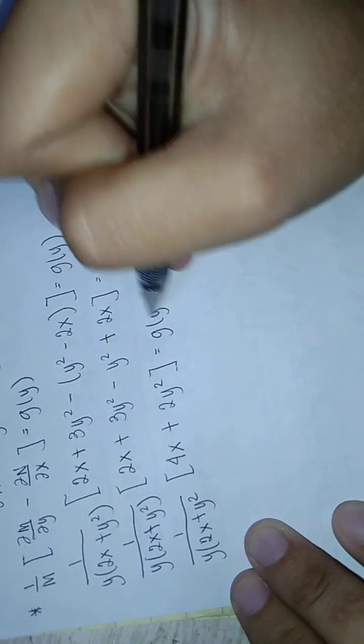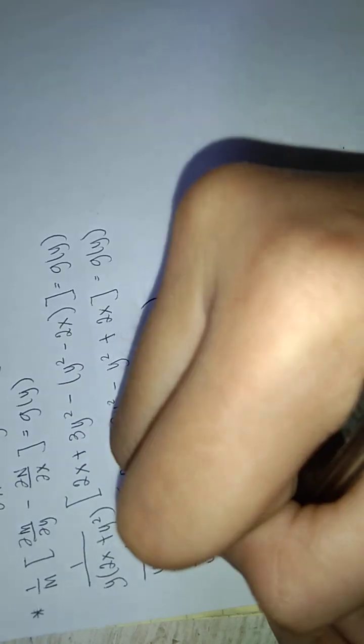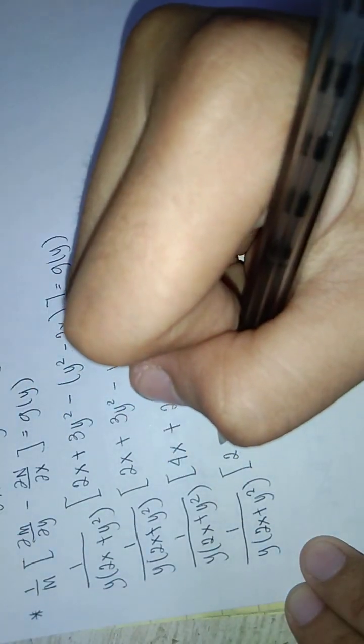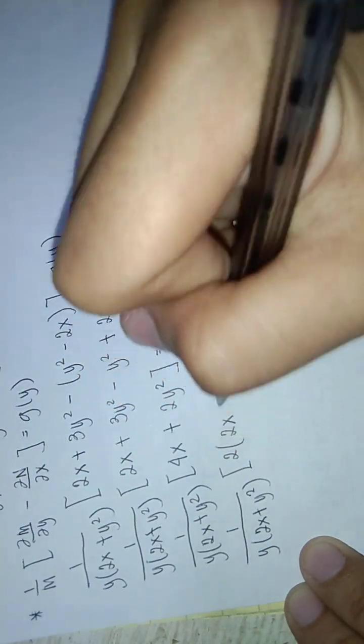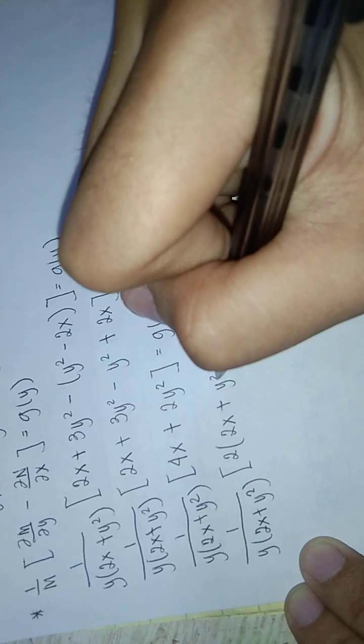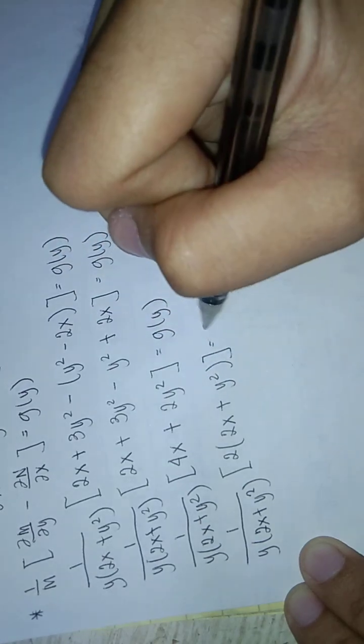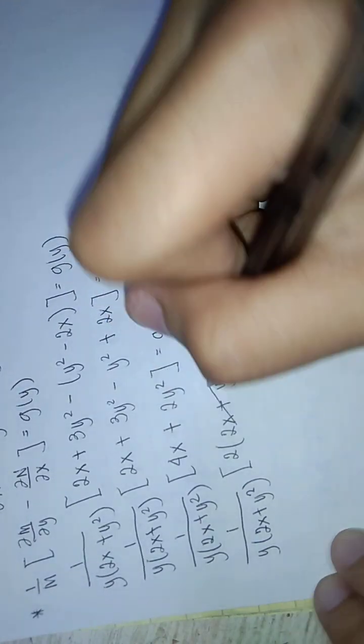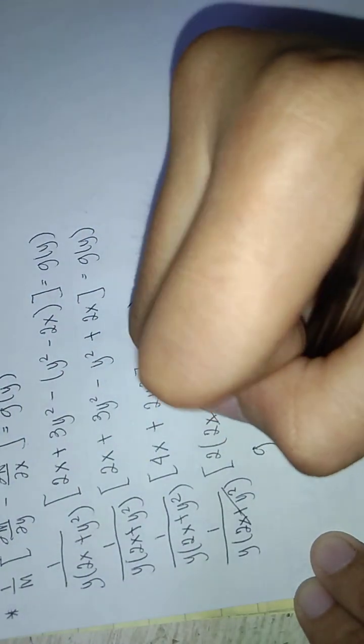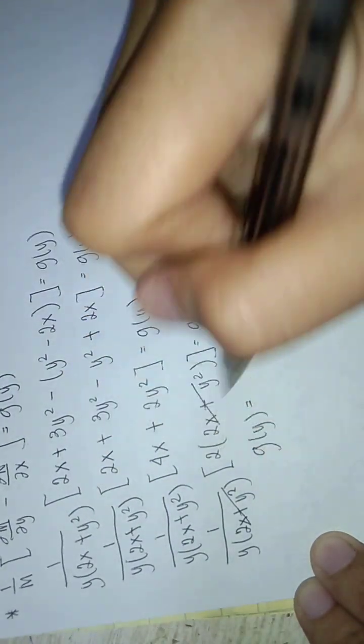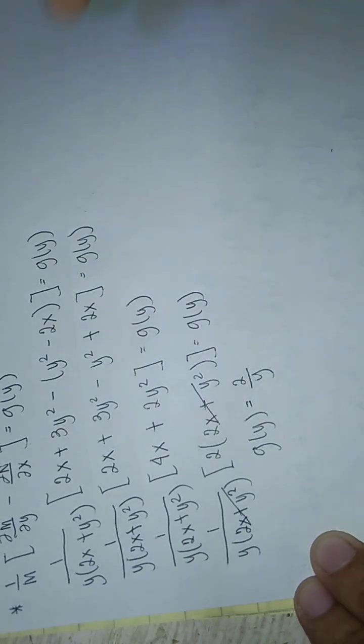Then simplify this one. We'll have, this can be cancelled out, so our g of y now will be 2 over y.